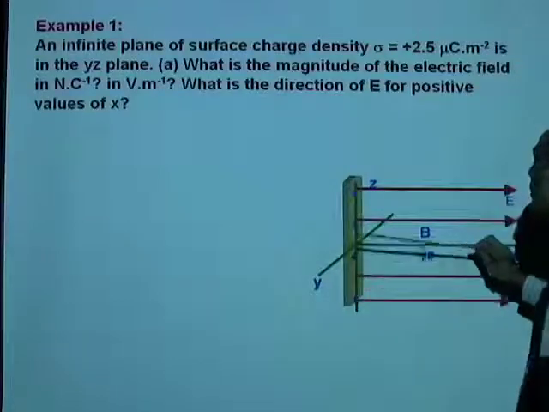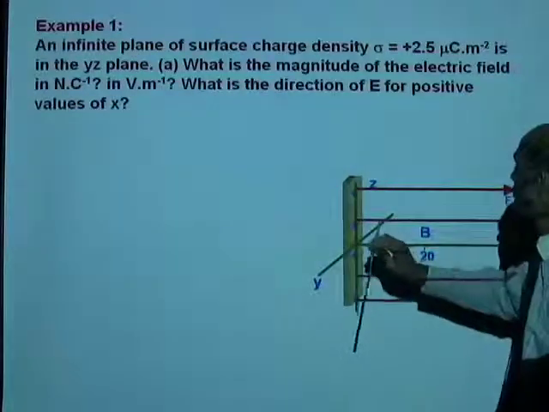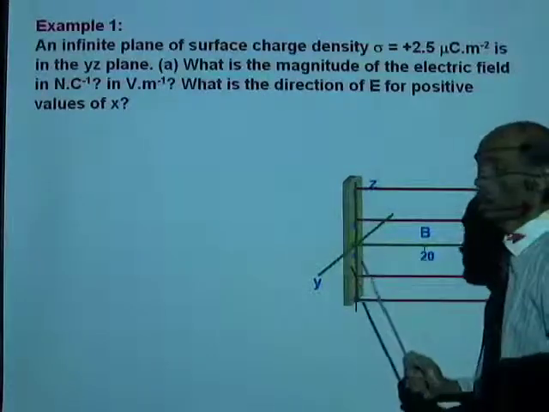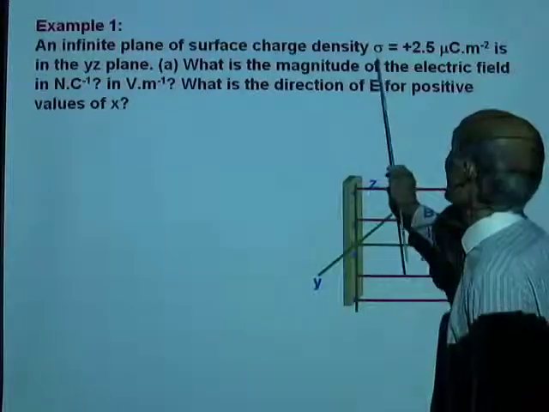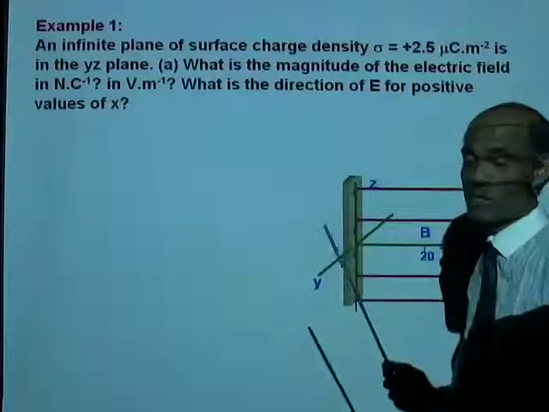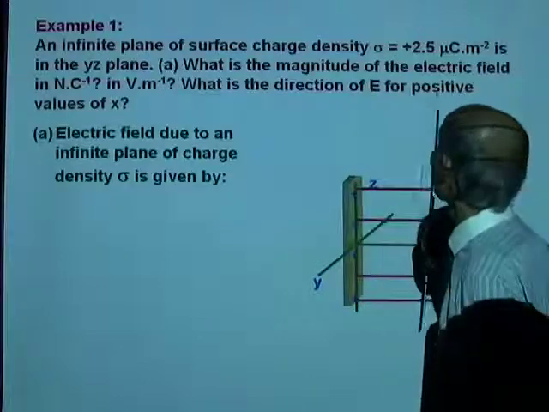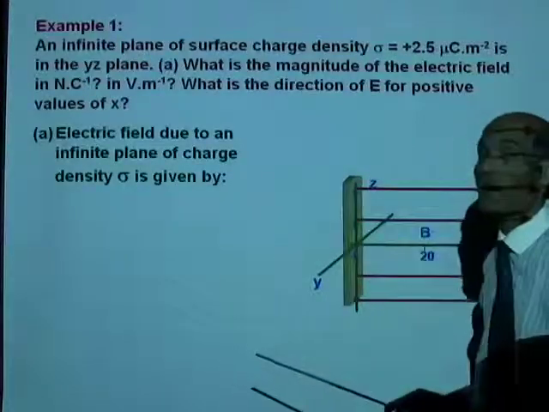What we have is an infinite plane charge that is in the YZ plane. By now you know this is the x-axis, the y-axis, and the z-axis. The plane is in the YZ plane, and the surface charge density is positive 2.5 microcoulomb per meter squared.